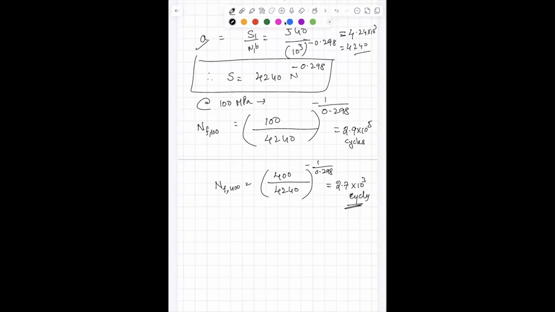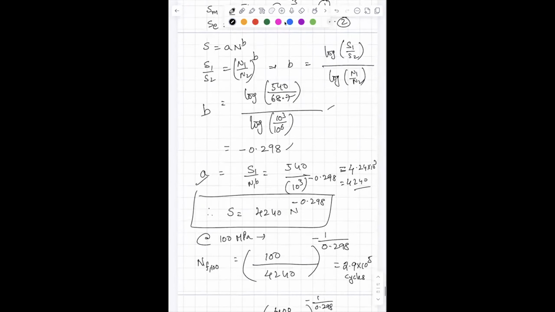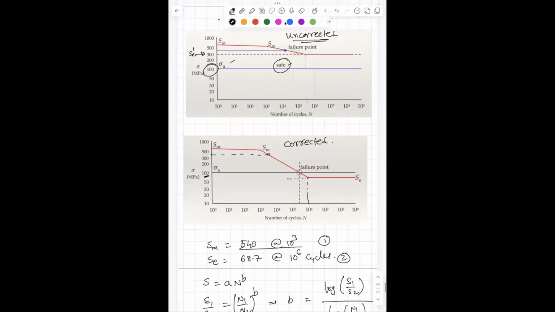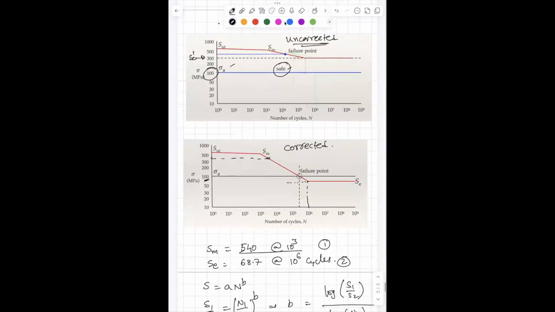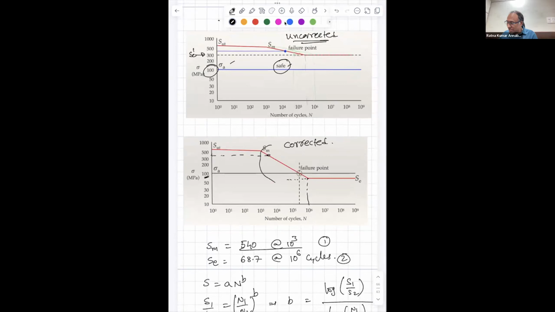Sir, one clarification here. When we are modifying the endurance limit, we are only concentrating on high cycle fatigue, right? We are not talking about low cycle fatigue at all, because we are only talking about this line, which is only greater than 10 power 3 cycles. That is the HCF regime, right?